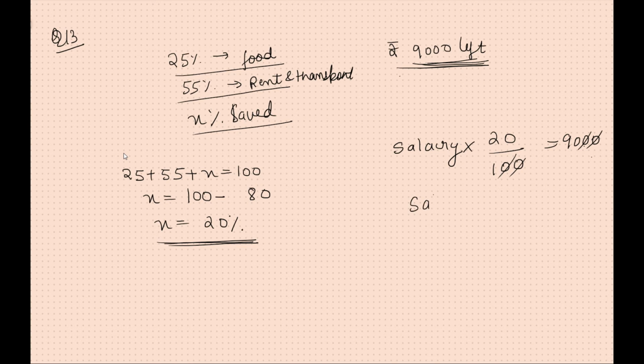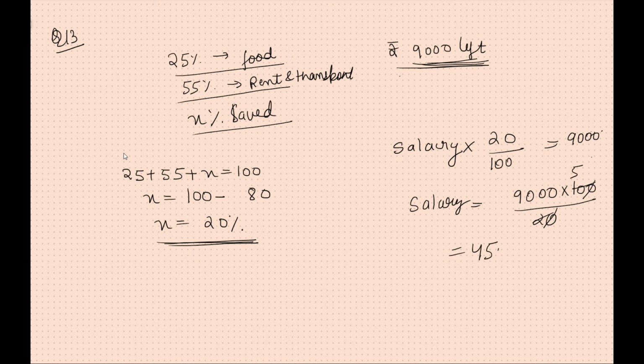So salary is equal to 9,000 into 100 upon 20. I'm sorry, this calculation. So 2, this cancelled, 2 5s are 10. So on multiplying you will get 45,000. So 45,000 is the salary of the man.